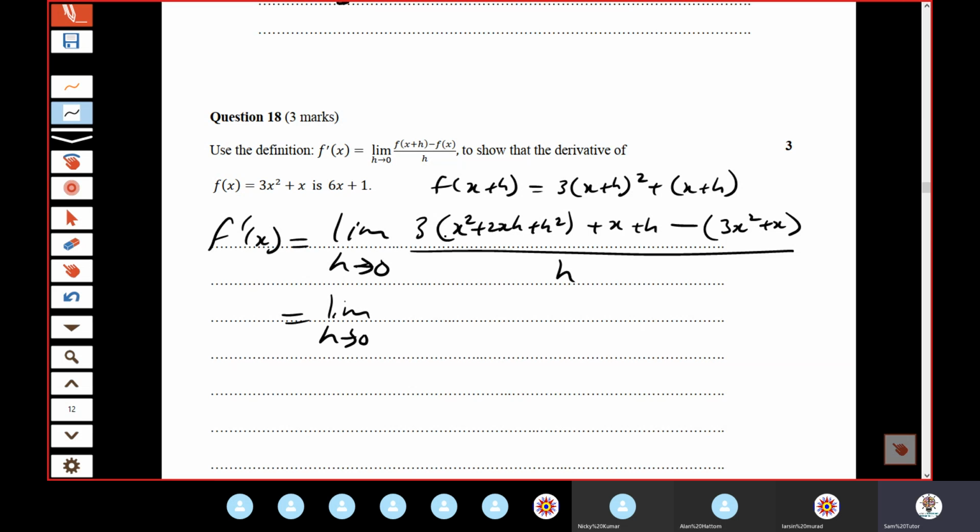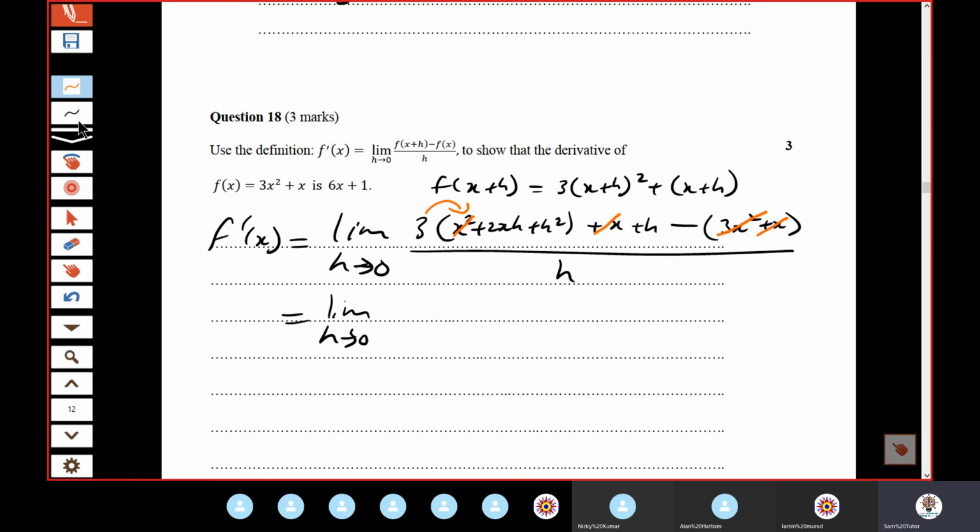Next line, sorry. Limit as h approaches 0. And then if you guys remember, you're going to expand this, but what should happen is your right hand side will always cancel out. So 3x squared will cancel out with this 3x squared, and then this x will cancel out with this x. Minus 3x squared, minus x.